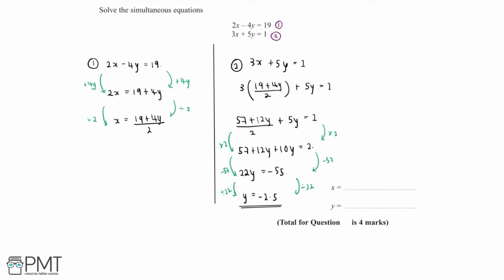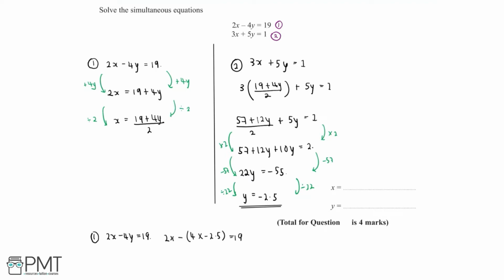And now that we've found the value of y, we can substitute this into either equation to find the value of x. So let's substitute y into equation 1. We have 2x minus 4y equals 19. Now that's the same as 2x minus 4 times minus 2.5 equals 19.